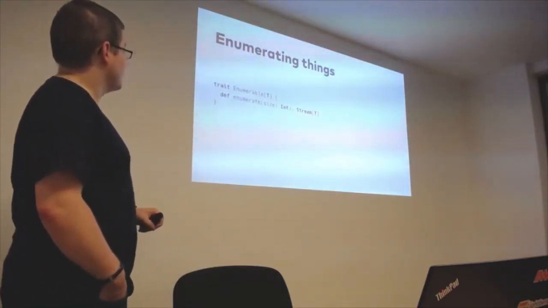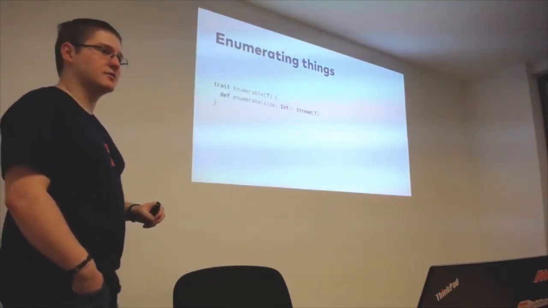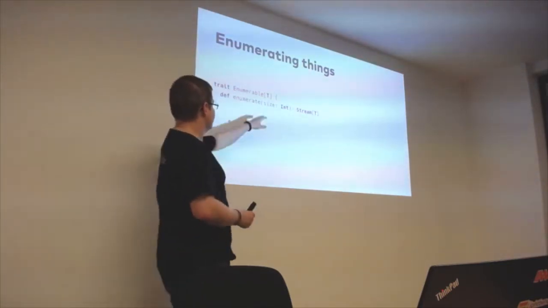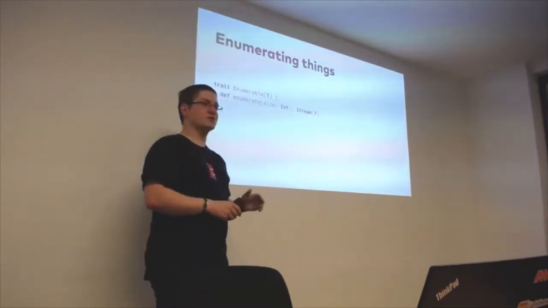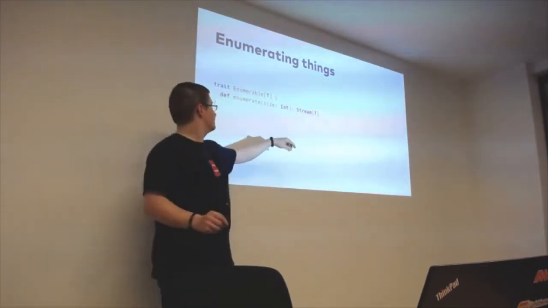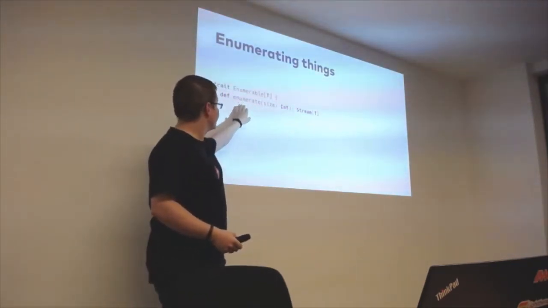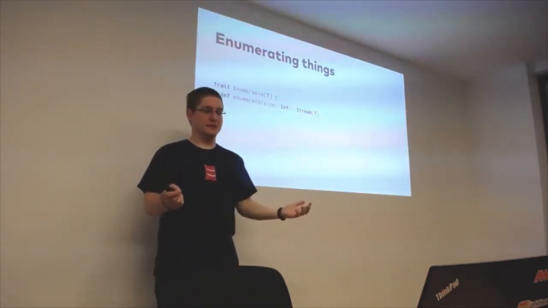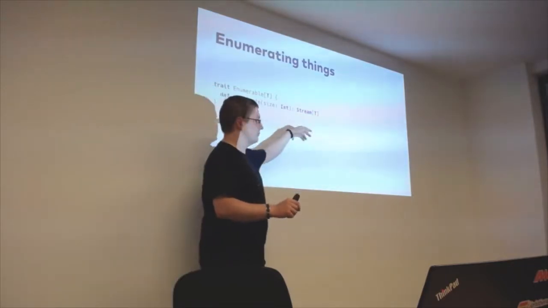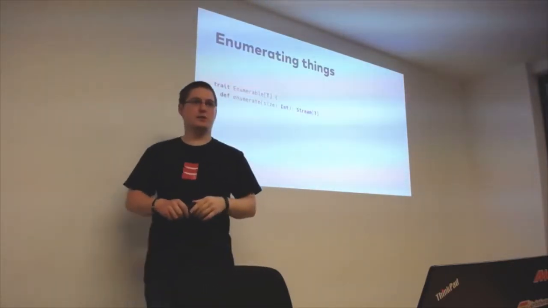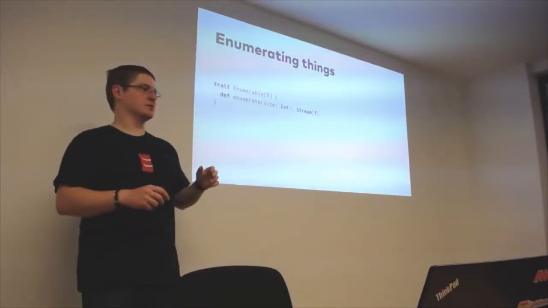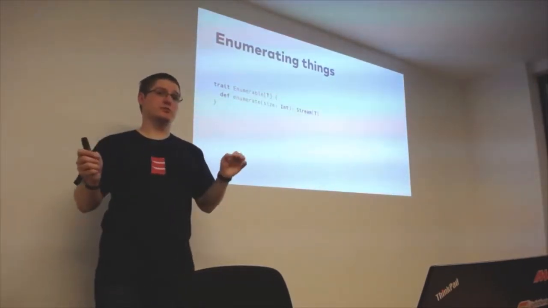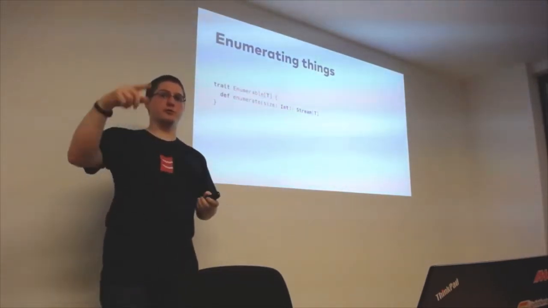And this is what I mean with enumerating things. So you would have a type T, and you want to get these inputs of type T, and you just generate a stream of all of them. So you have a function that's called enumerate. It takes a size, so again, if you want to make all the lists of size 10, you would get a stream, which is a lazy list basically, of all the possible inputs, because they could potentially be large, so you don't want to store all of them in memory, you just want to go through them one by one.